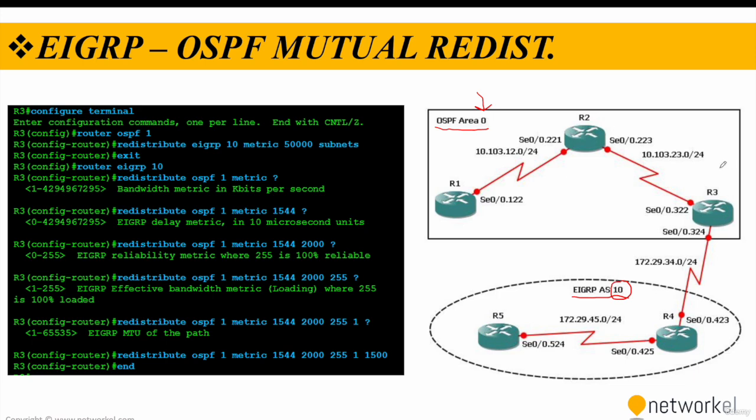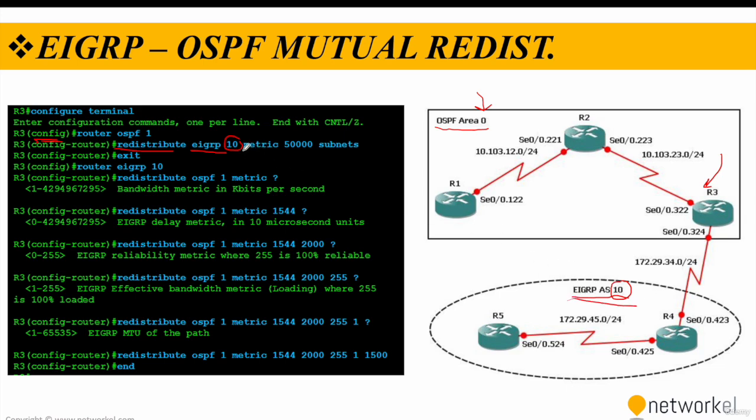For this I need to go to router 3, which is the border router between the two different routing domains. On router 3, I am typing router ospf 1 and going into config mode. Then in OSPF mode, I am typing redistribute eigrp and the AS number of the EIGRP, which is 10, as you are seeing here.